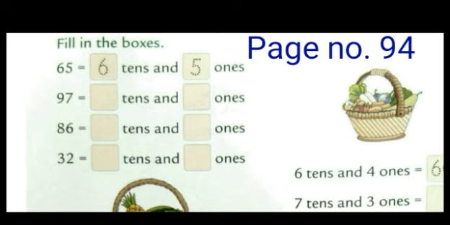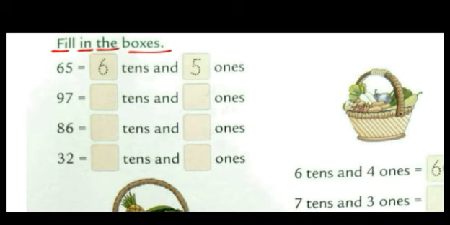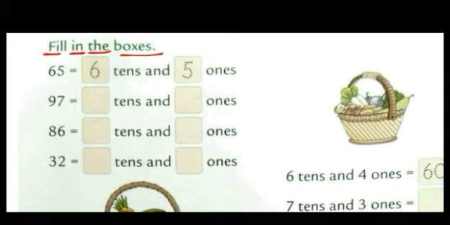Page number 94. Fill in the boxes. This type of questions we have already studied. Let's repeat them. Okay, let's revise them. 65. In 65, 6 tens and 5 ones are there. In the same way, we have to do the other. How many tens and how many ones are there here in 97?